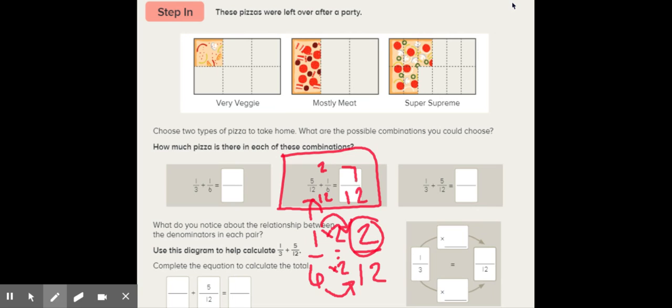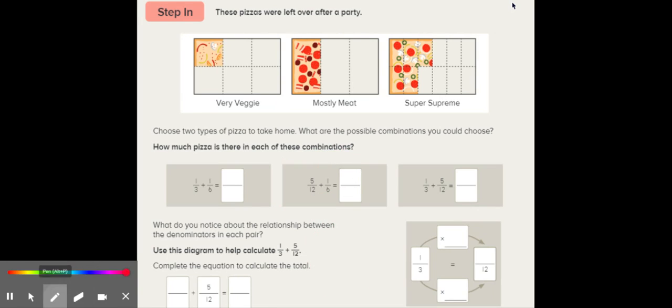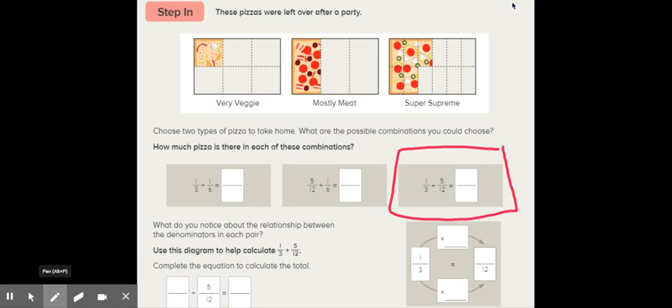All right, let me do one more example. So this time we're going to look here. So I'm doing 1/3 plus 5/12, which is mostly meat plus super supreme. My first step is to see if my denominators are related.